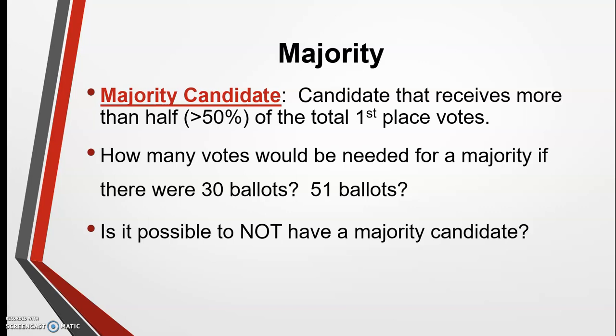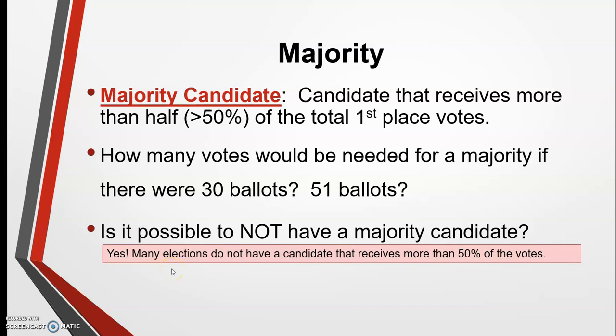So it is possible to not have a majority candidate. And actually, even when you have only 2 candidates, it's still possible to not have a majority candidate, because if each candidate gets exactly 50% of the vote, then you would still not have a majority candidate in that case.